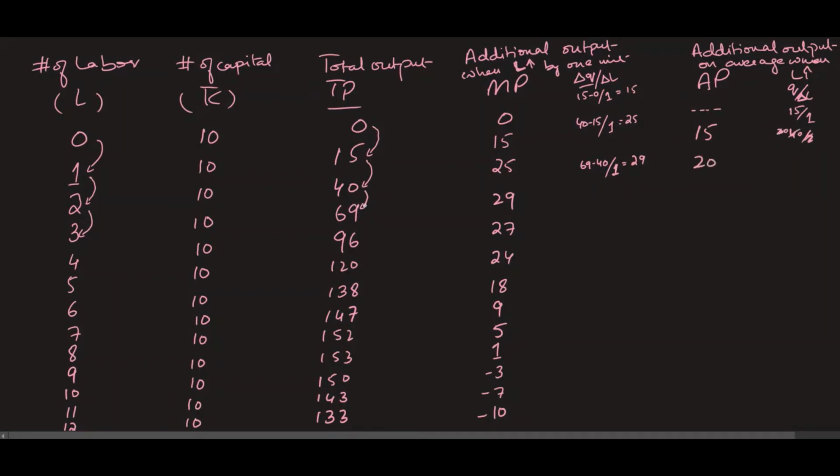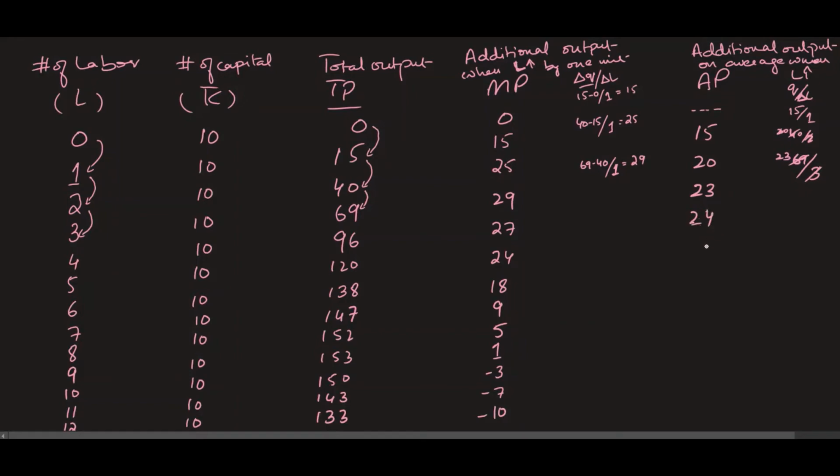So 40 divided by 2 is 20. I will write 20 here. Likewise, we have 69, the quantity, and the labor is 3. Dividing 69 by 3, you will get the answer 23, and we will write it here.